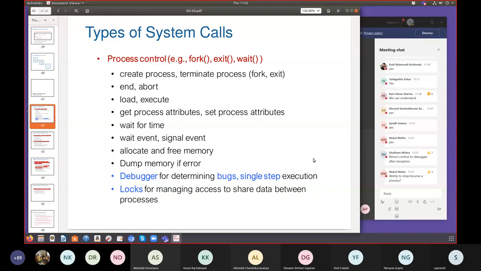All these things require kernel support, and therefore they require system calls. This class is not meant for explaining debuggers, but those are very useful tools. If you have never used a debugger, I would strongly suggest you look up a debugger and familiarize yourself with it. They are very useful when you have to debug your own program.